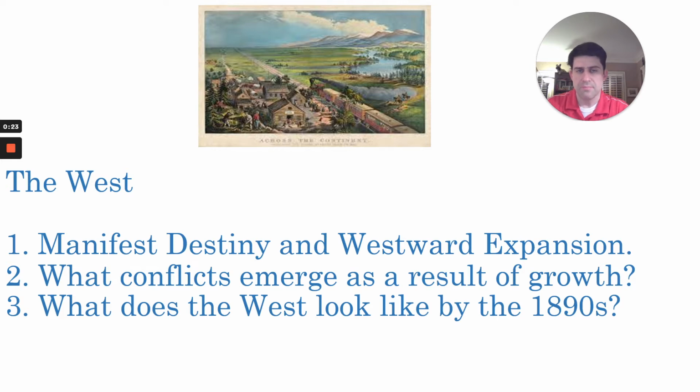Last week we discussed westward expansion and manifest destiny and the political movement that led to America becoming a transcontinental nation spanning coast to coast. And then on Friday, we discussed in great detail some of the conflicts that emerged as a result of the growth in the West, particularly with white settlers moving out west, spurred on by the Homestead Act and other opportunities, and clashing with Native Americans who were already living and subsisting out west, which resulted in a lot of conflict and the Indian Wars in various territories and states out west.